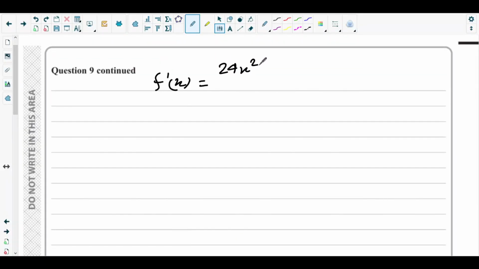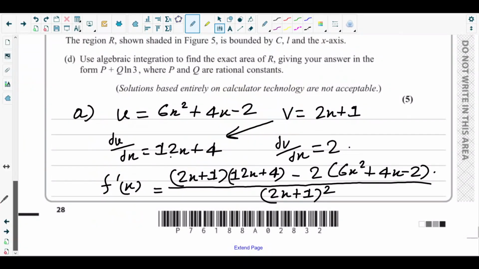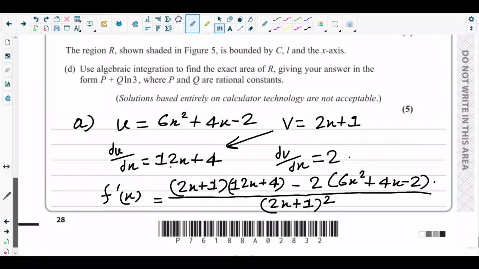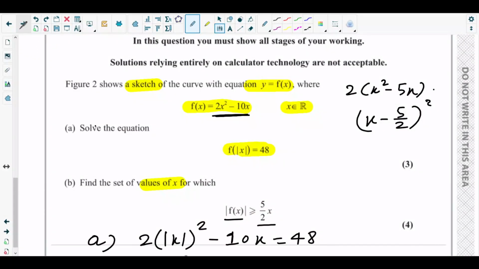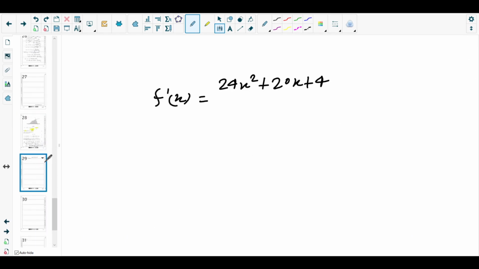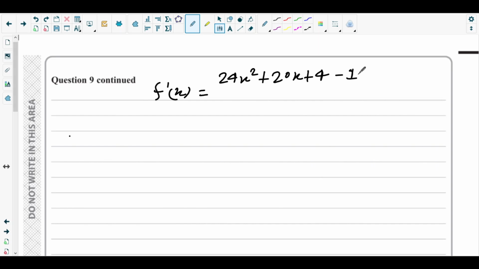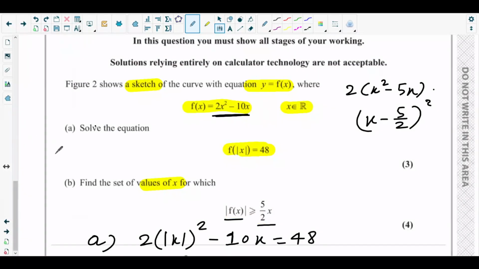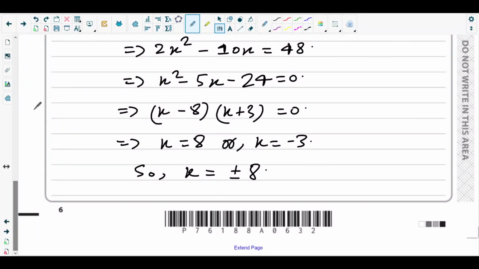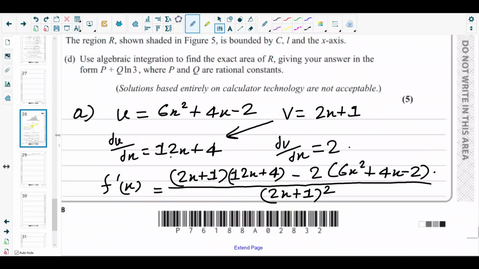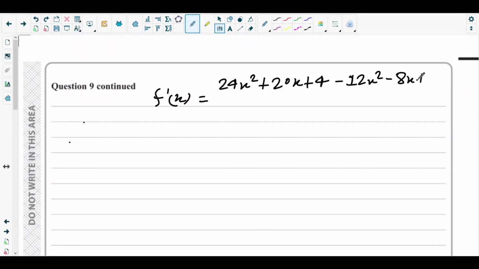So 24x squared plus 20x plus 4, and minus 12x squared minus 8x plus 4, that is negative 12x squared, and then negative 8x plus 4, over twice of x plus 1 whole squared.